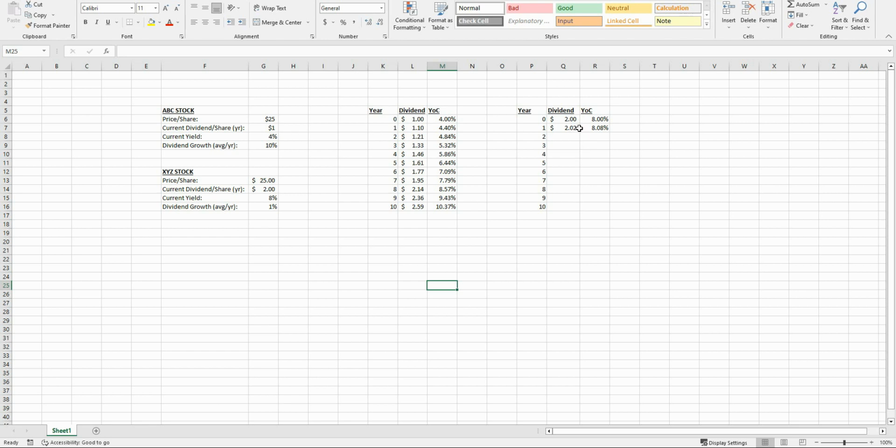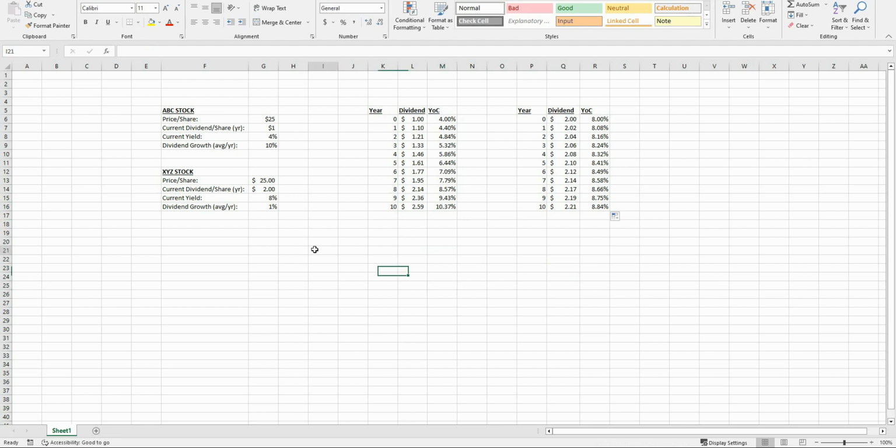So if we bring this out over time, we see that if you were just investing in a stock for current yield, you're actually going to perform less over time than a stock with dividend growth. Your yield on cost will grow far less, and you'll see that over time you're going to be getting a worse cash-on-cash return for your investment.